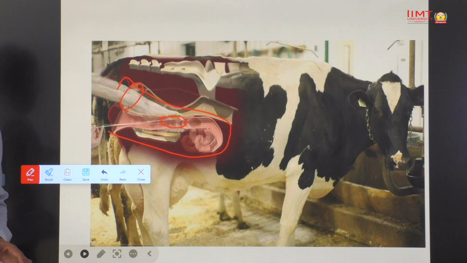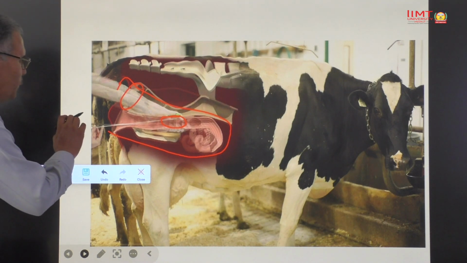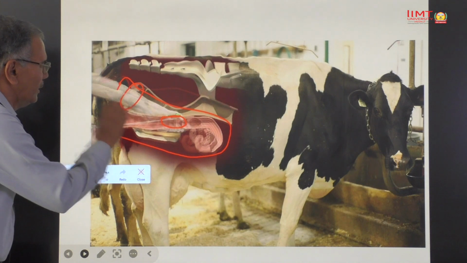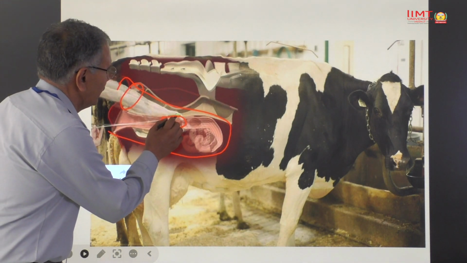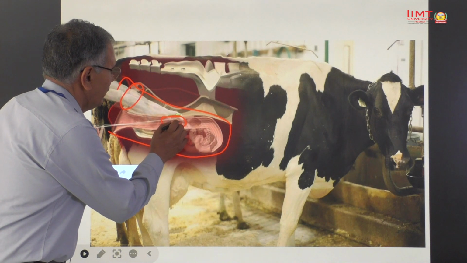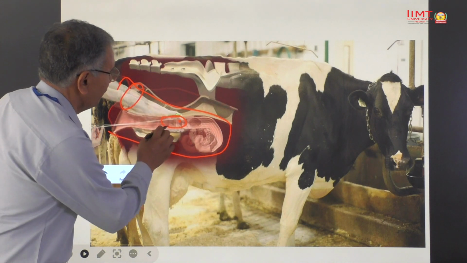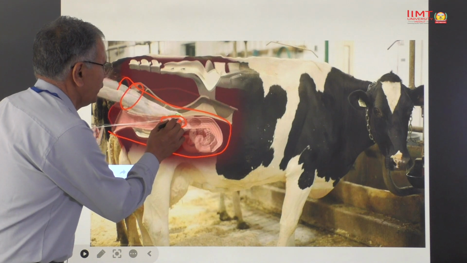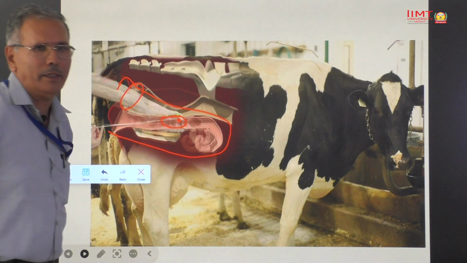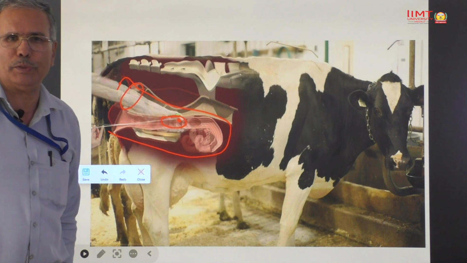Then by the right hand, insert the insemination gun into the vagina of the female and insert it into the cervix, and this is the cervix. Then put this insemination gun into the cervix and deposit semen here. This is the mid part of the cervix.